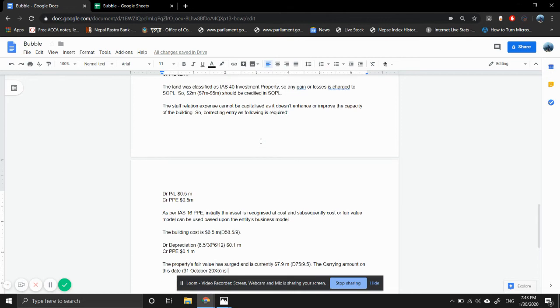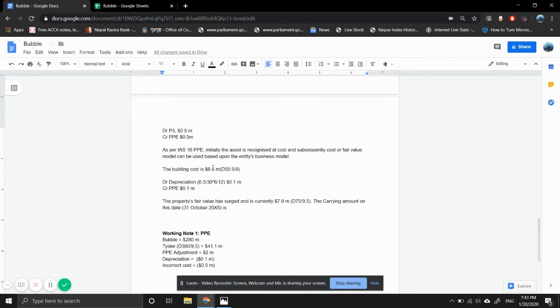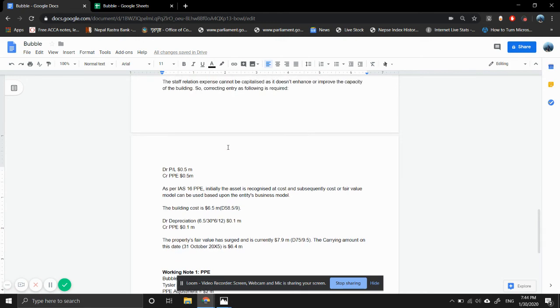Okay, so what was our building's cost? So building cost was 6.5 million, right? And then anything else that has happened is dollar 6.4 million. Are we missing anything?